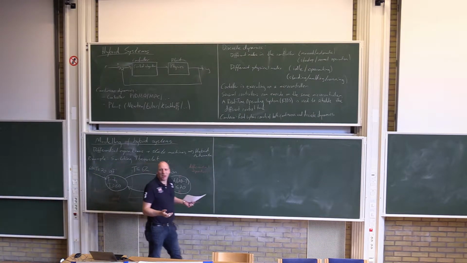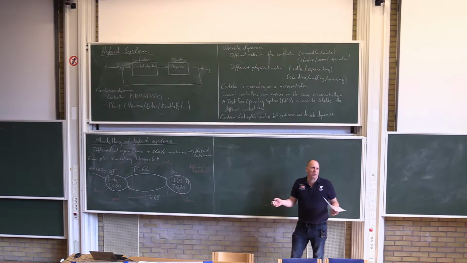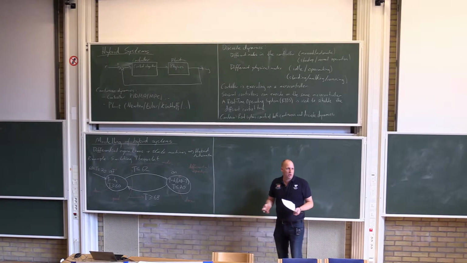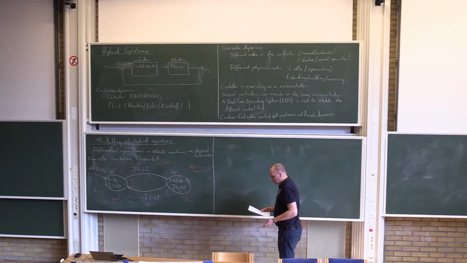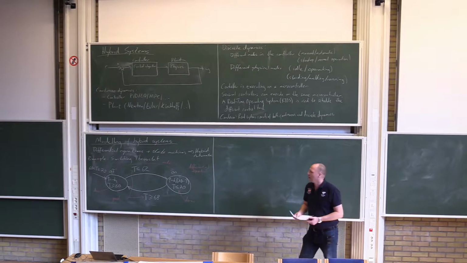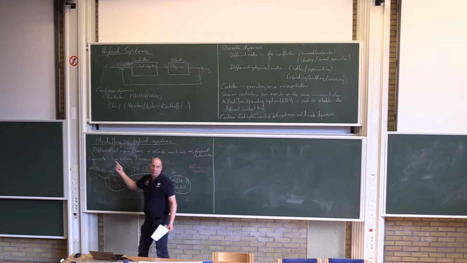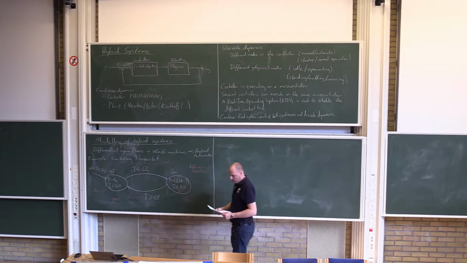You might not know, right? If you model some physical system, you don't really know what the temperature will be. So if you have some properties that should be fulfilled, you would like them to be fulfilled if the initial temperature is in this range, no matter where you start.